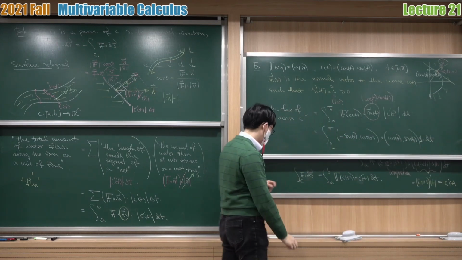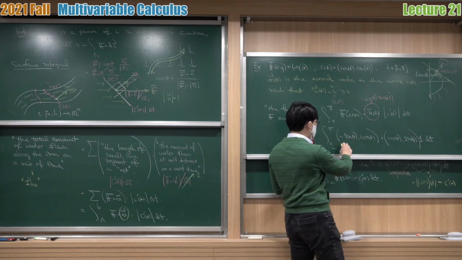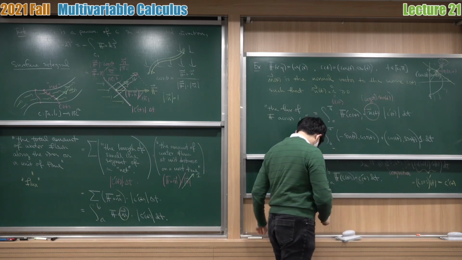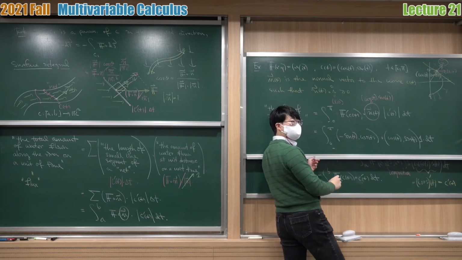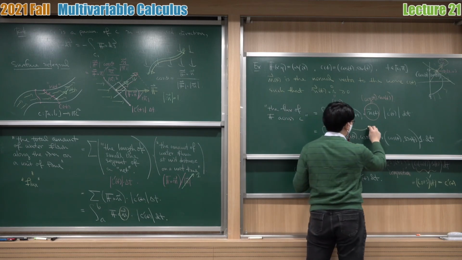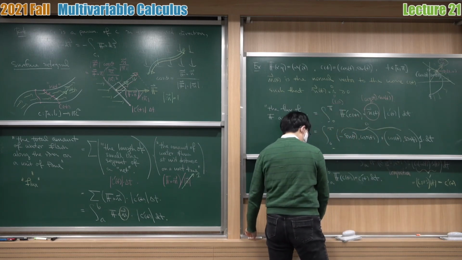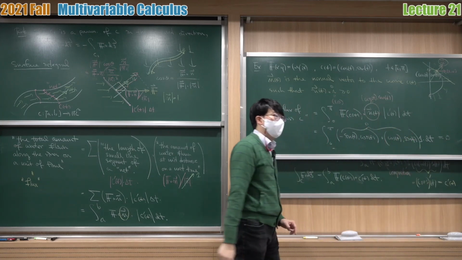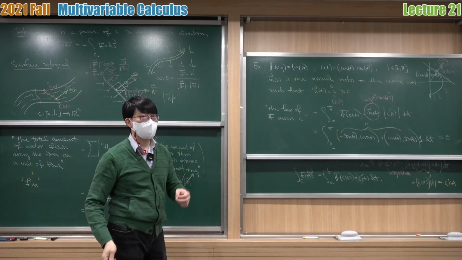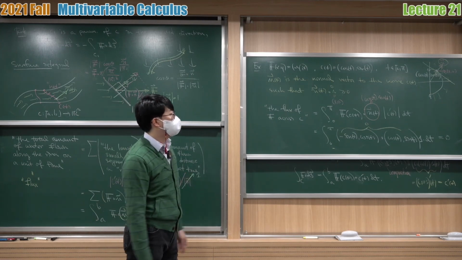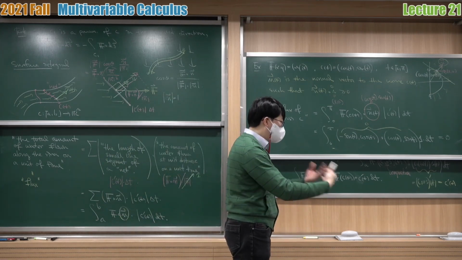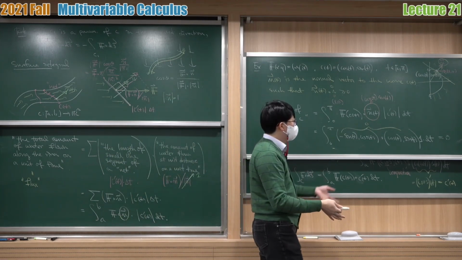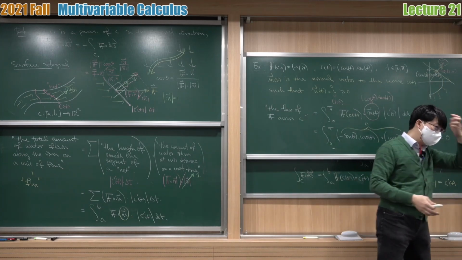Okay. So what's the inner product? 0. So we are integrating 0. So therefore, it's 0. So what does that mean? Nothing flowing across, the net flow across this border, or across this section is 0.